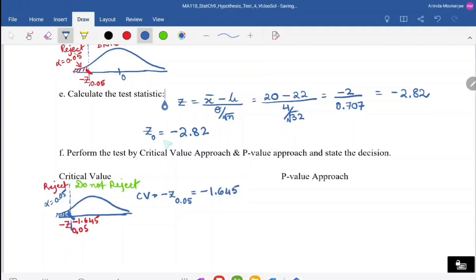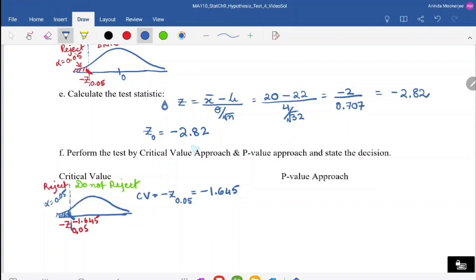Now what we do is we take our test statistic, which represents our evidence, and we see in which region the test statistic falls, whether it falls in the reject region or the do not reject region, and based on that we will take our decision.